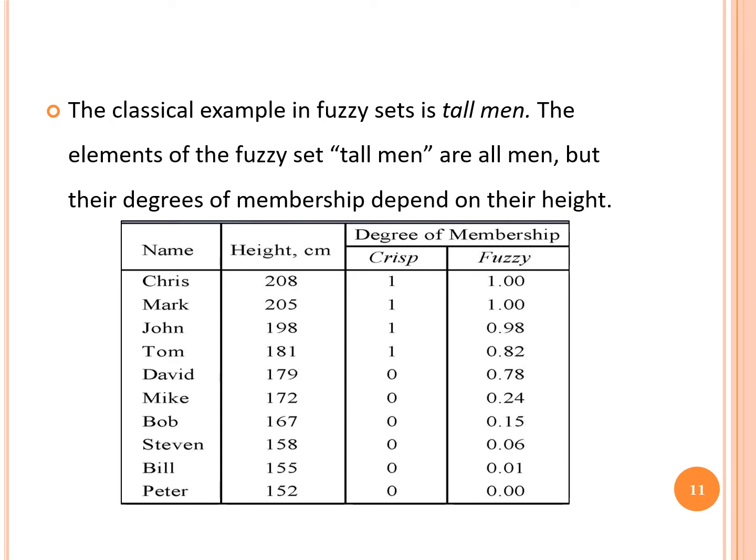Then we have Mike, for example, David, who is 179. In crisp, we consider him not tall; it is false. But in fuzzy, we still put it at 0.78 to be considered a tall man, and so on.